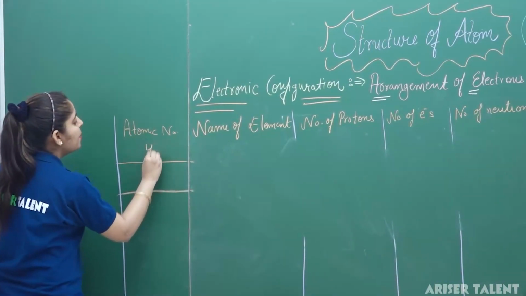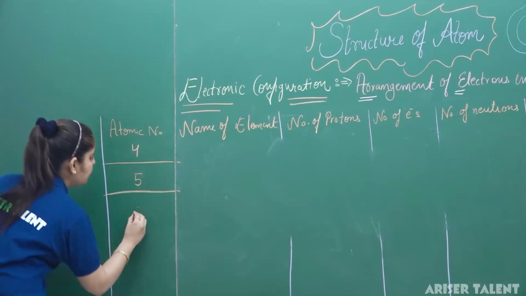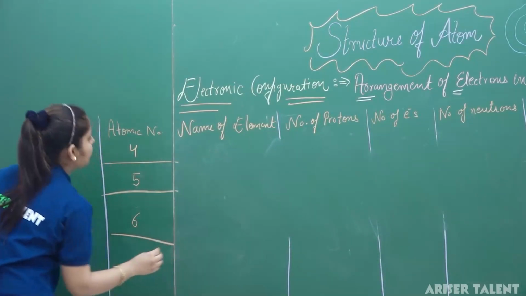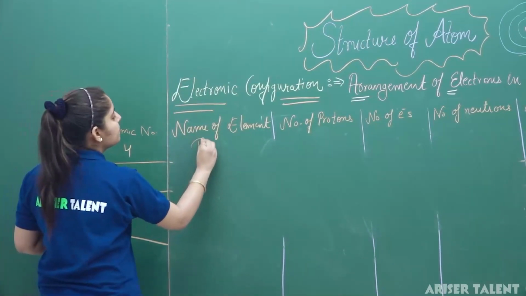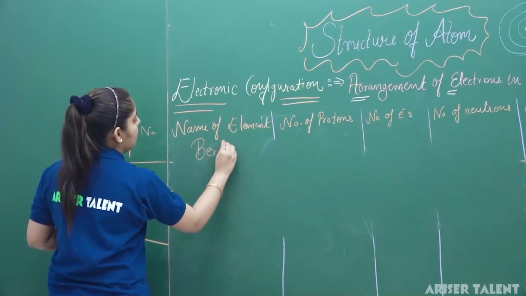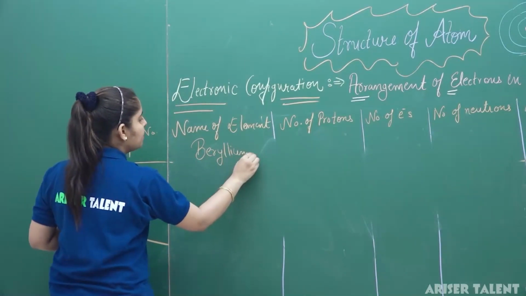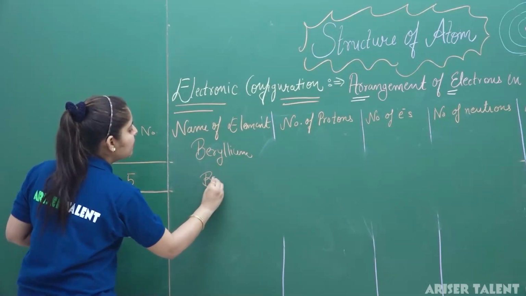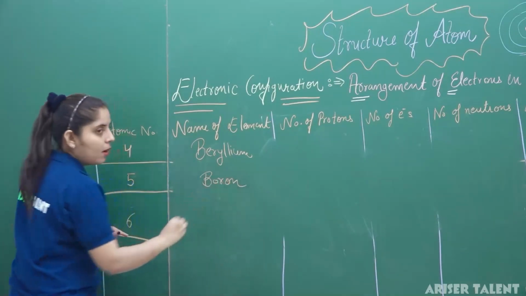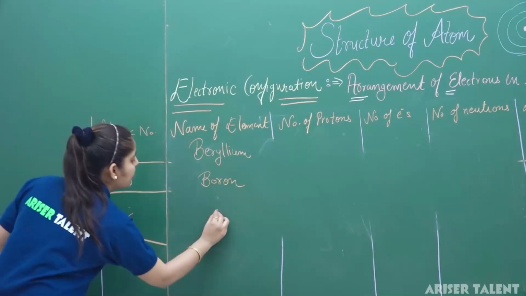Now we have atomic number 4, 5 and 6. Atomic number 4 is beryllium, atomic number 5 is boron, and atomic number 6 is carbon.